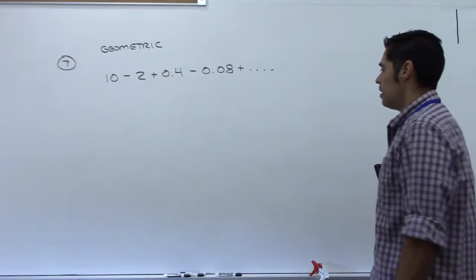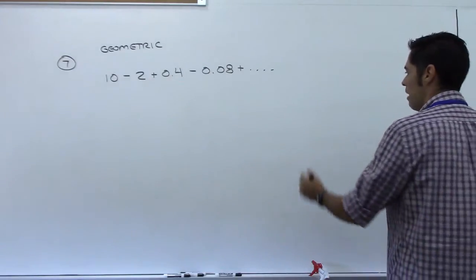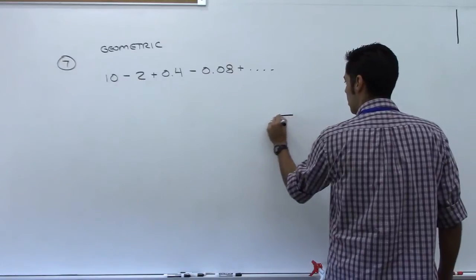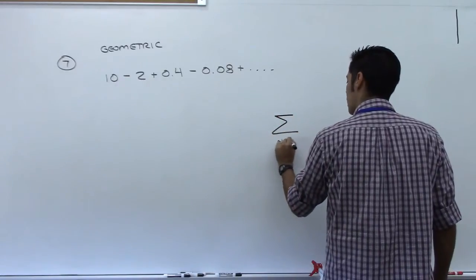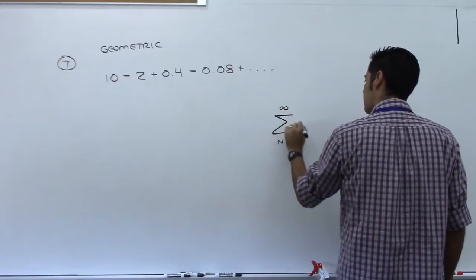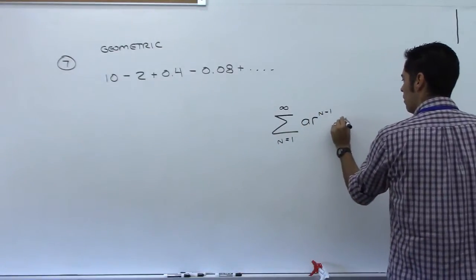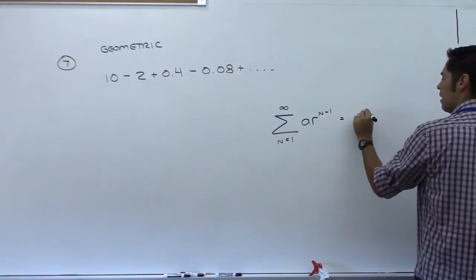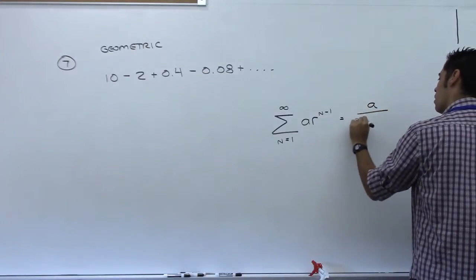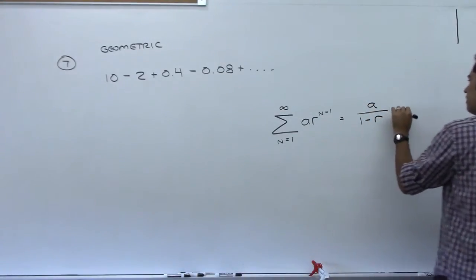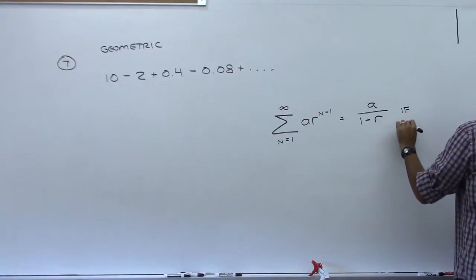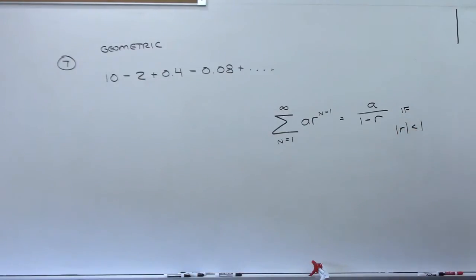So remember, for geometric series, we have actually two formulas. Sum n equals 1 to infinity of a r to the n minus 1 will be equal to a over 1 minus r if the absolute value of r is less than 1.